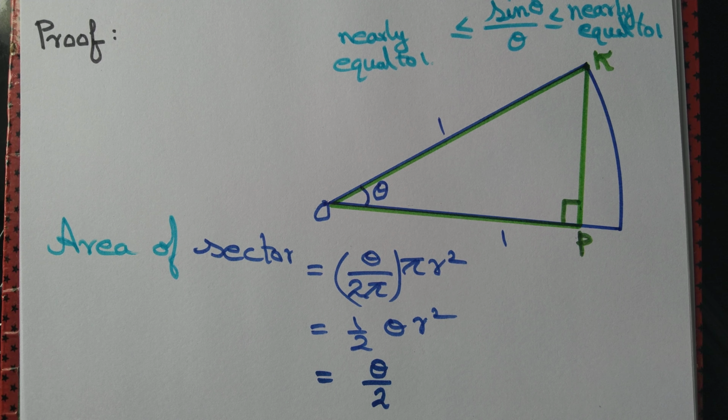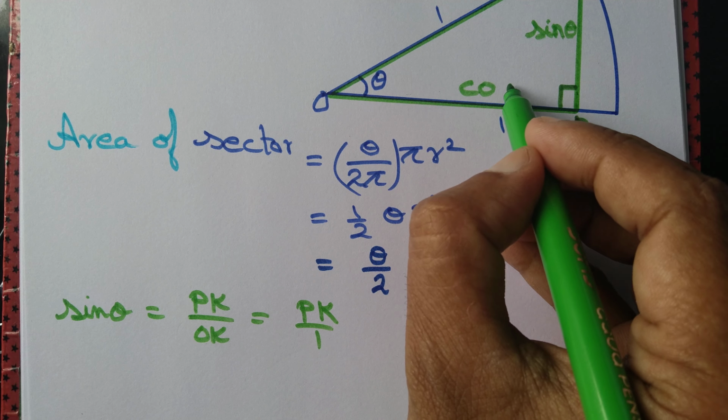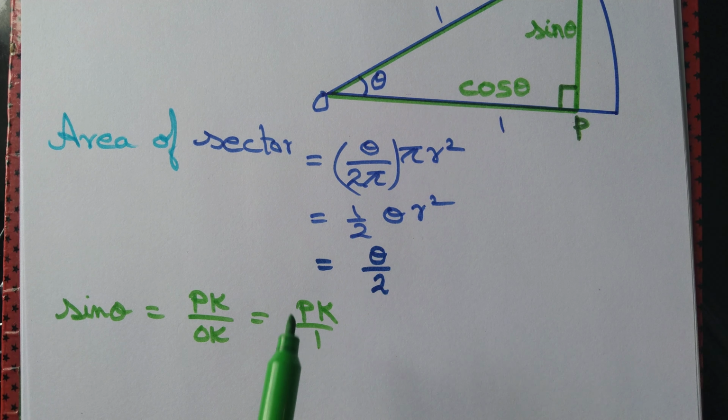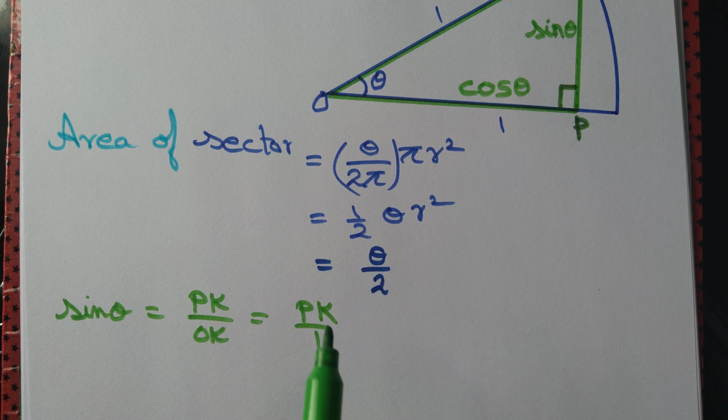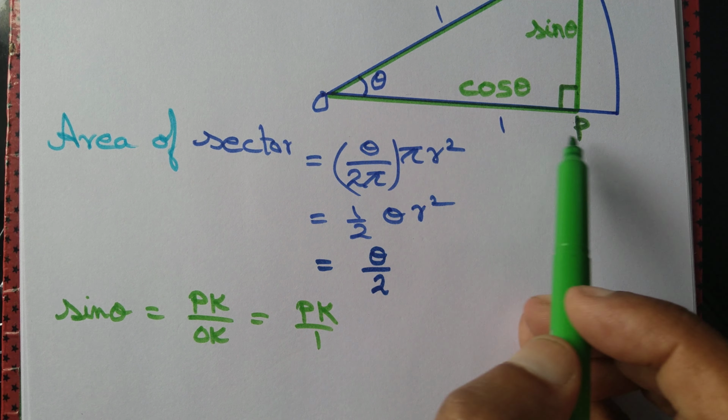Then the obvious question is, how much is OP? OP by OK is cos theta, and OP turns out to be cos theta. So we talked about area of sector in terms of theta, and how about the area of this green triangle OPK?